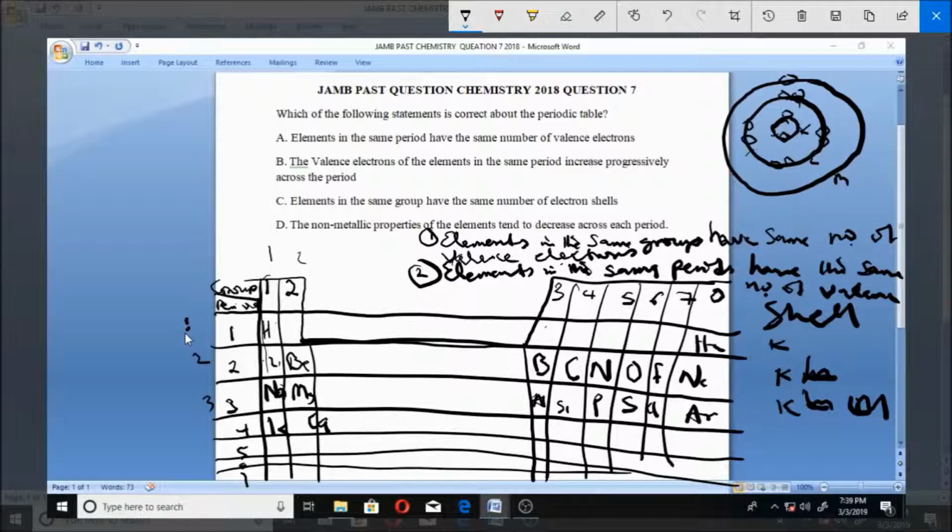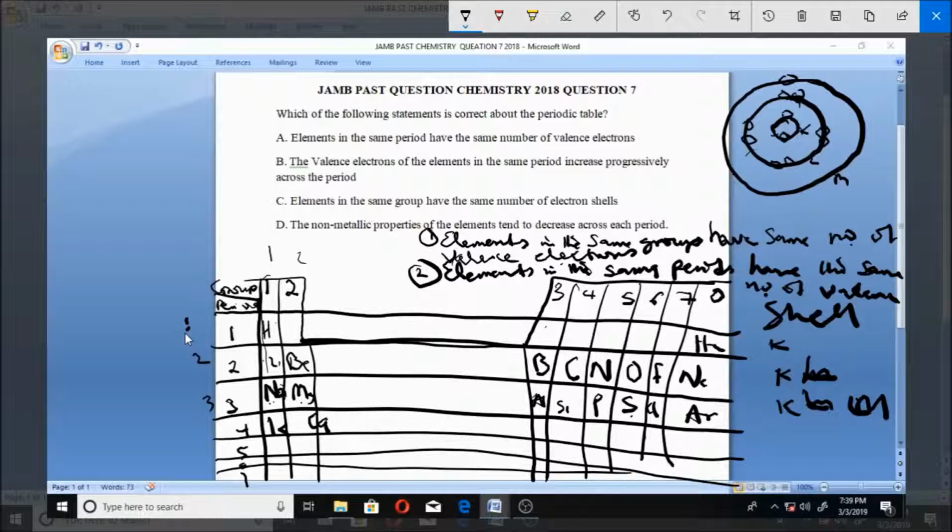Then another thing that we should notice is that these two, sodium and magnesium, are metals. But when you go to this side, you start seeing non-metals. Sulfur, you see, these are non-metals. Here we also have potassium, calcium, metals. If you start going this side, you start seeing some non-metals like bromine.